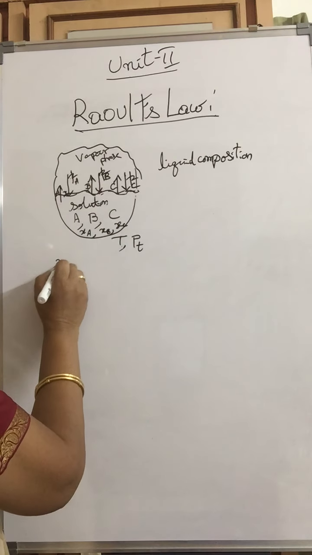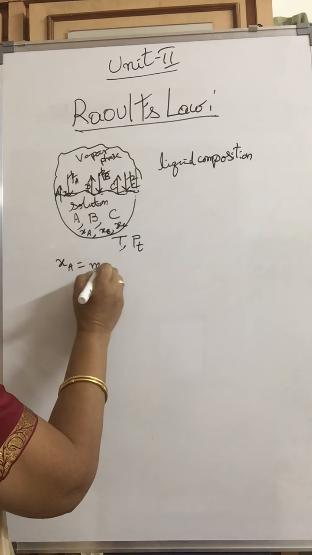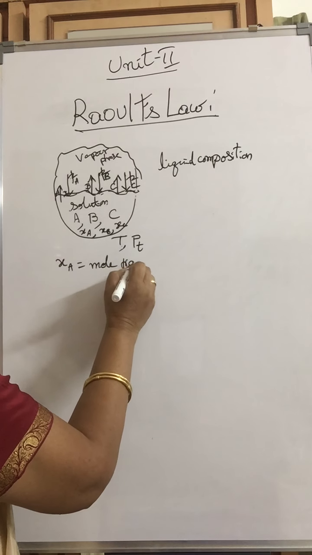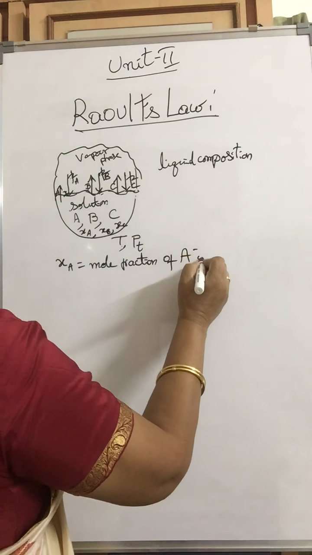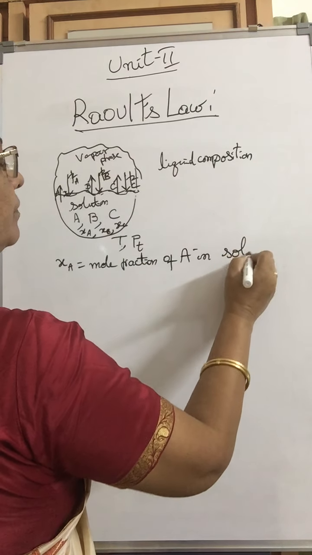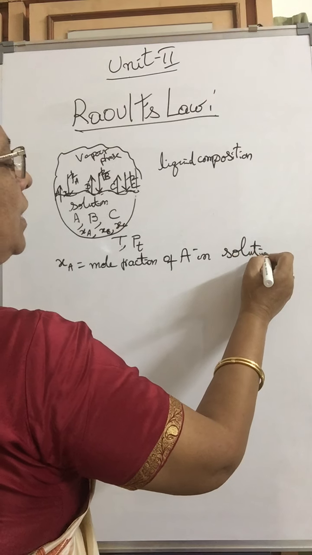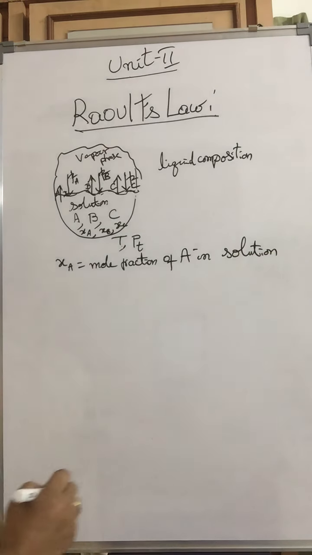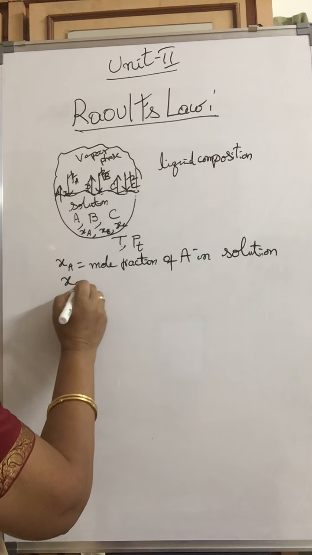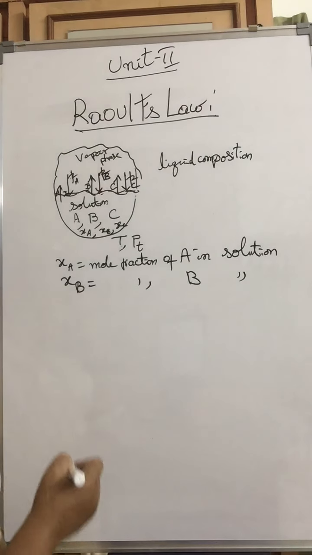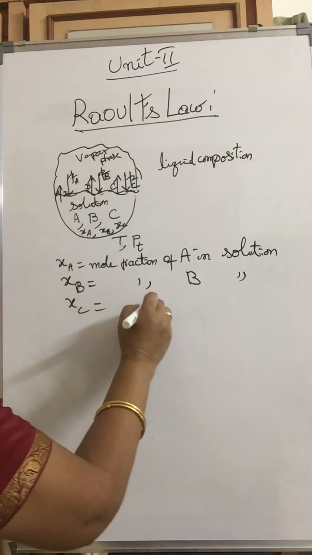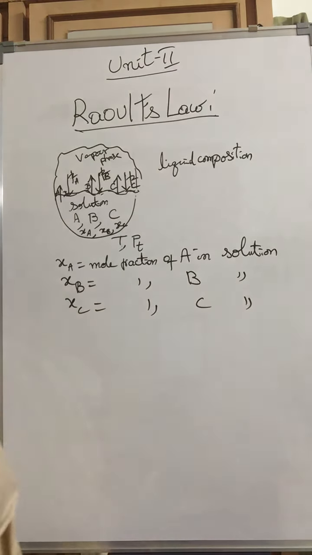XA is the mole fraction of A in the solution or liquid, XB is the mole fraction of B in the liquid, and XC is the mole fraction of C.